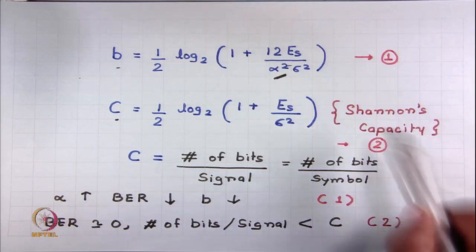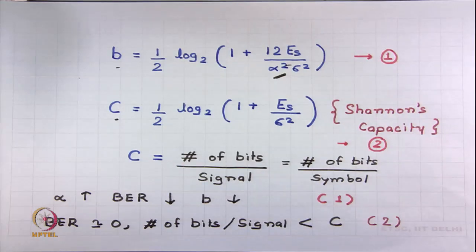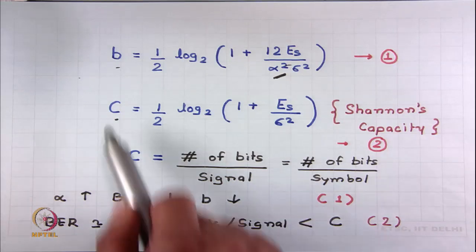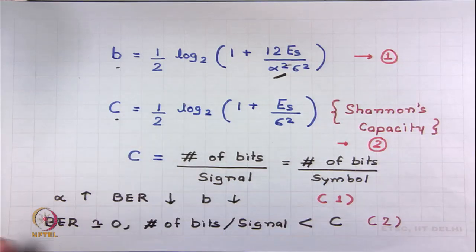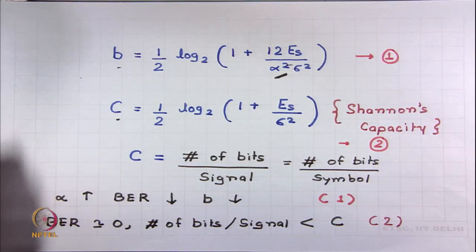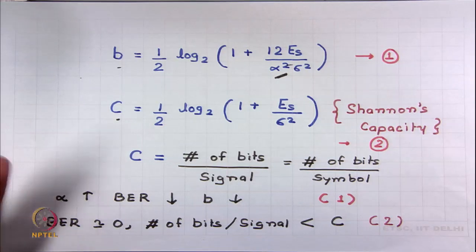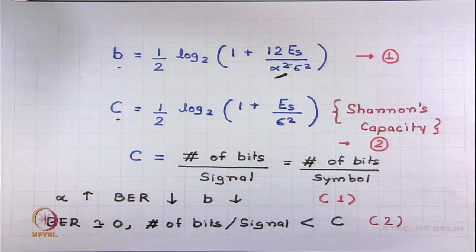This is what Shannon's capacity says. So, if you make the number of bits per signal less than C, then you can achieve a bit error rate of approximately 0, or at least a very, very small value, such that it does not matter.